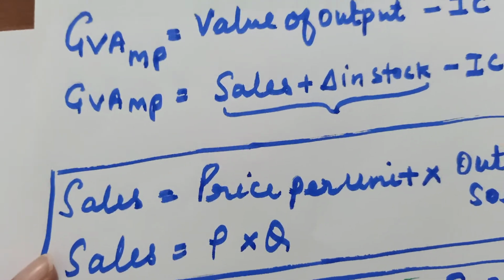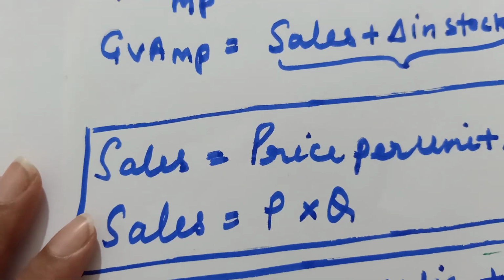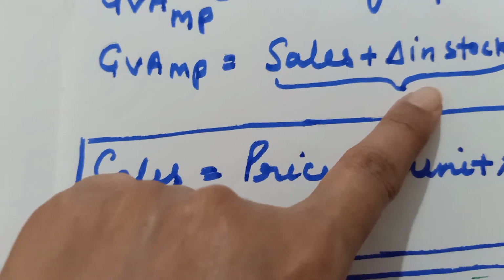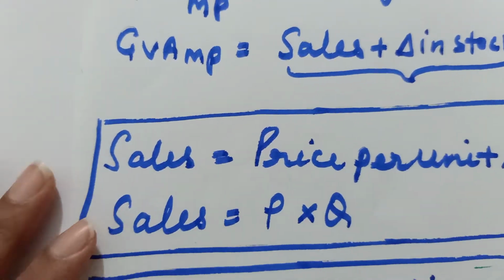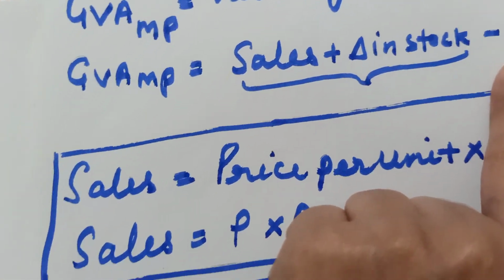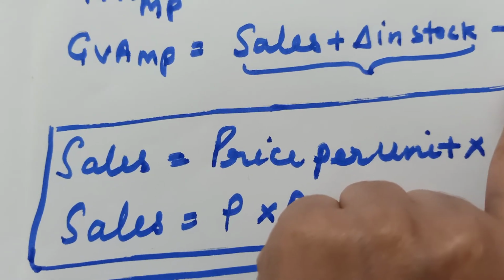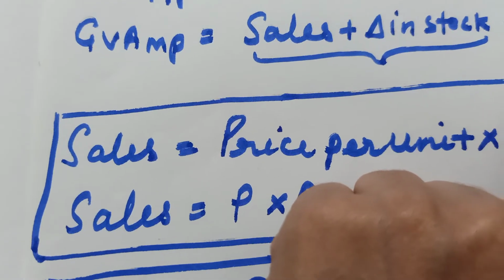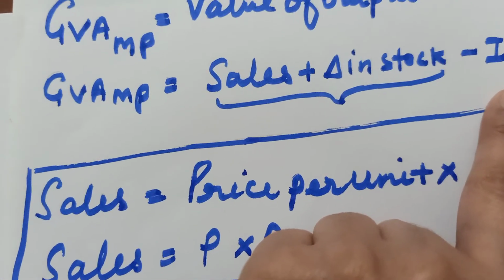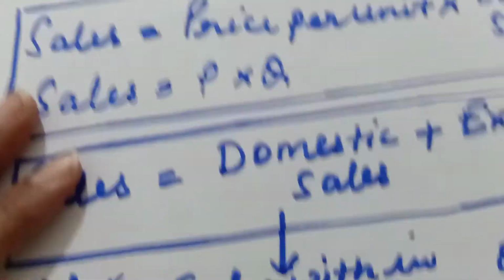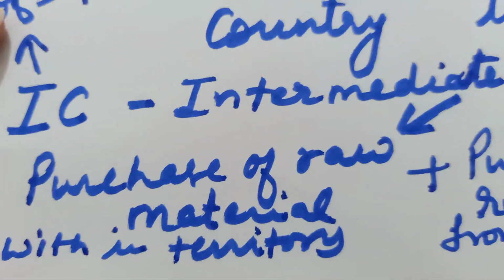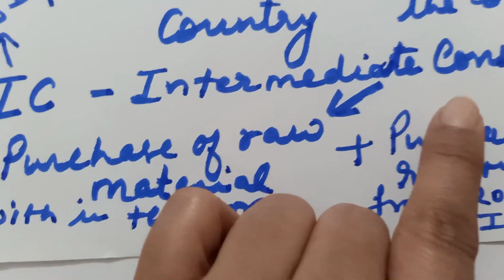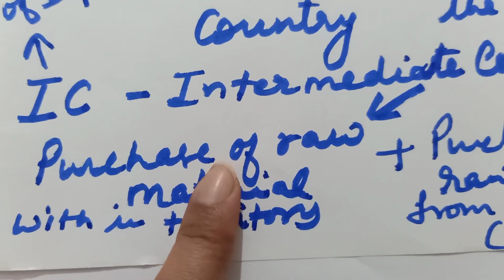Now value of output will be equal to the sum total of sales plus change in stock. So IC means the value of non-factor inputs. Here I have explained IC. IC is equal to intermediate cost.